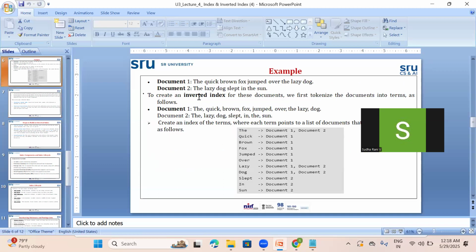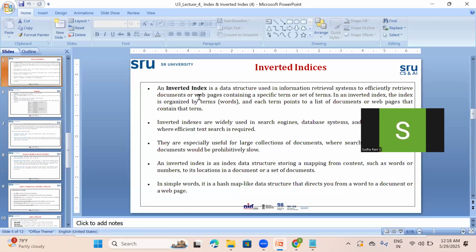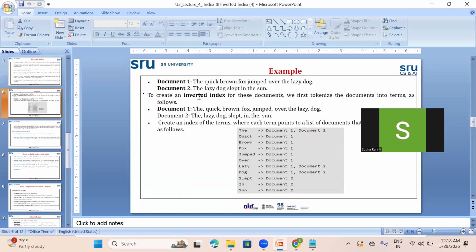So this is the example for inverted indices, where we are finding the common words which are repeating in different documents.